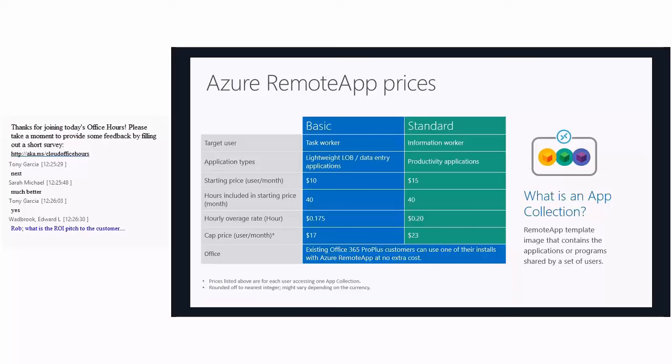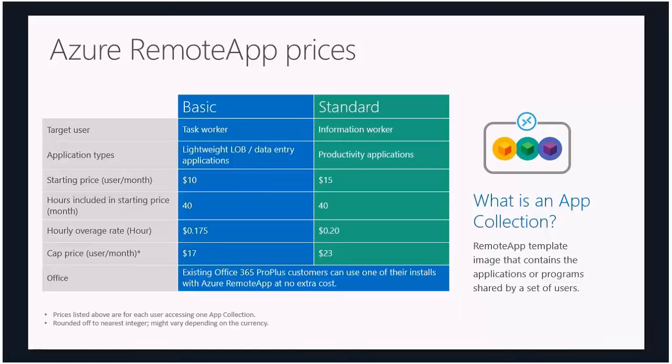Great question. The ROI pitch is less management overhead for you because you build the image, you hand it off to us, we run it as platform as a service, we handle all the availability overhead for you. One of the great things with Azure is we have availability sets and auto scale capability. When you deploy Azure RemoteApp, 3 virtual machines actually get provisioned for this RDS deployment. 1 stays up.